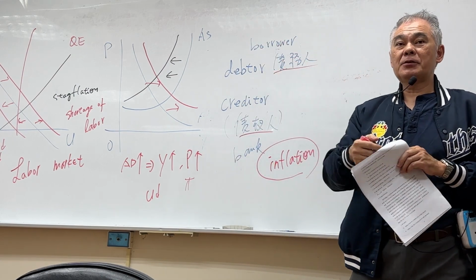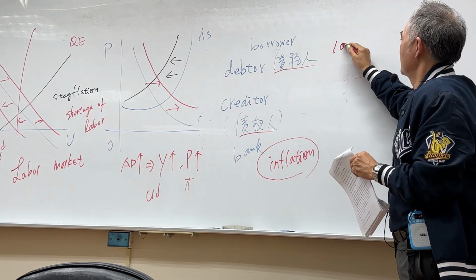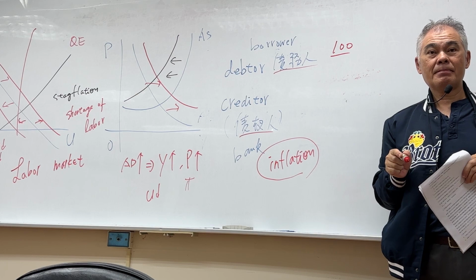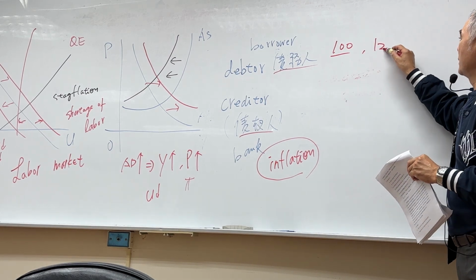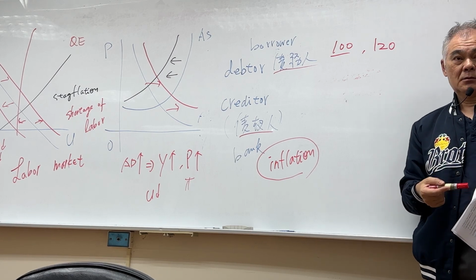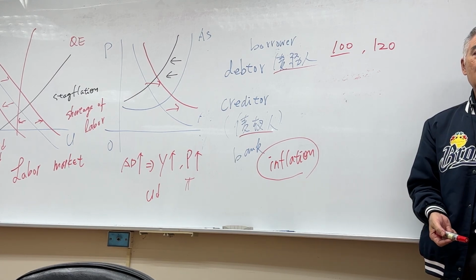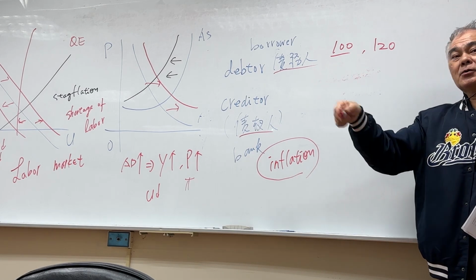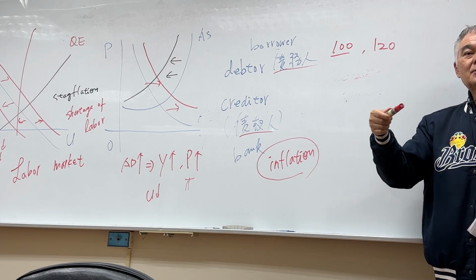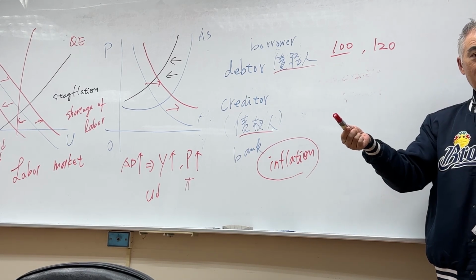So before inflation, each one is $100, okay? And now because of inflation, each one is now $120. Okay, so what does that mean? Basically, the sales of my items increased by 20%. Okay?